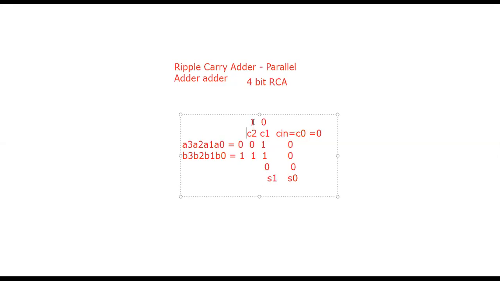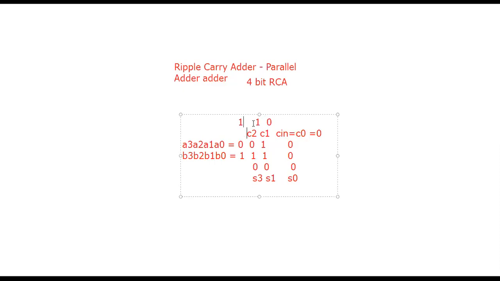Next. 0 plus 1 is 1, the third digit. 1 plus 1 is 0. So the third sum will be equal to 0. Let me label this as S3. And what is the carry I'm getting? Again I'll get a carry of 1.